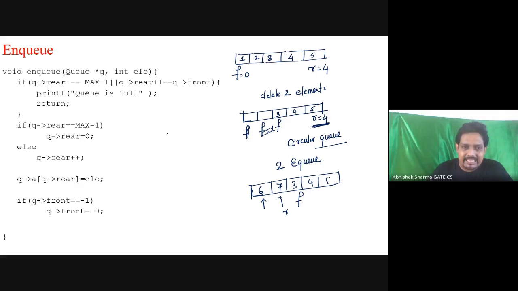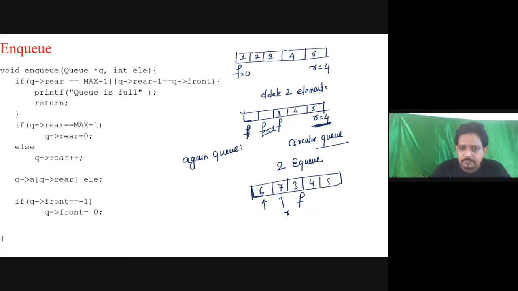Now, in this case, again the queue is full. But this time, if you check whether rear is equal to max minus 1, that becomes false.